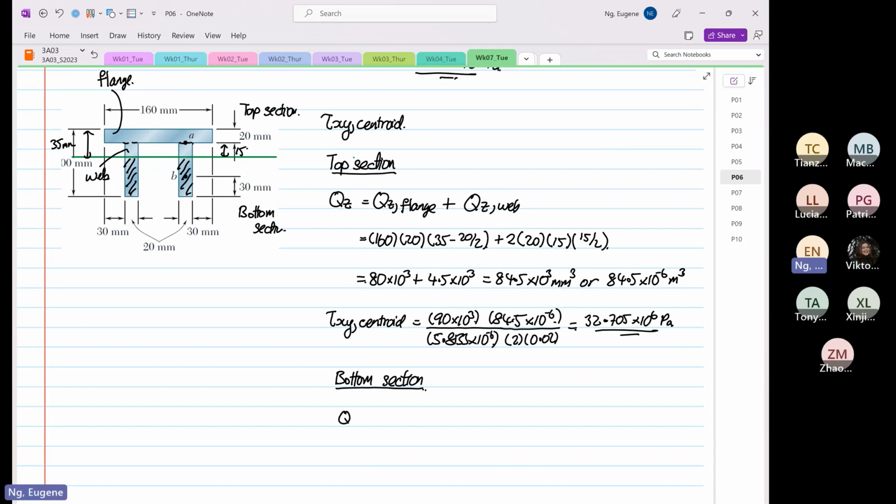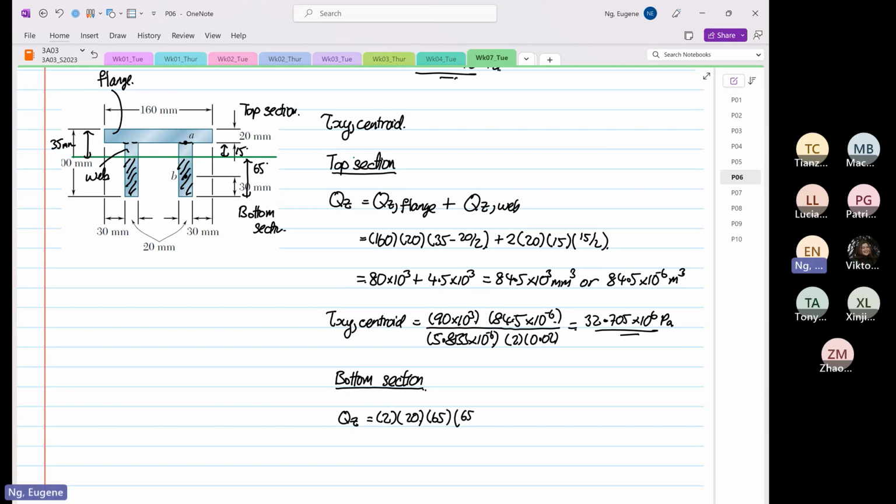So QZ is equal to QZ of the web. You have left and right web, so the width is 0.02. Let's do it in millimeters, so the thickness is 20. We know that the distance from here to here is 65, the depth.